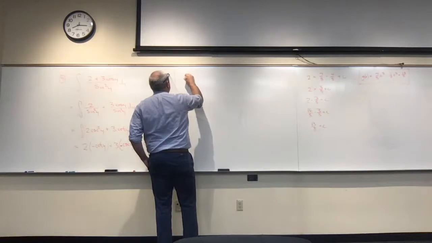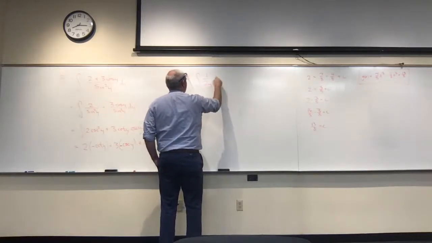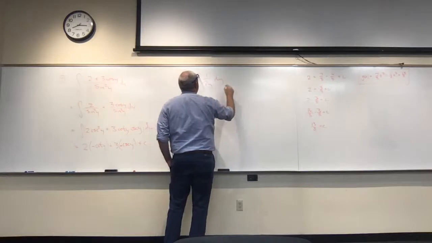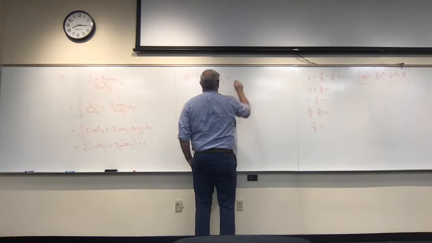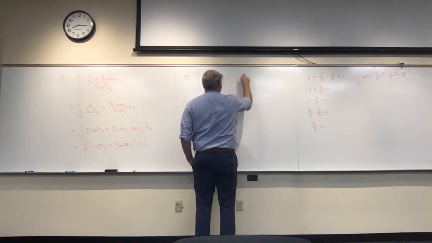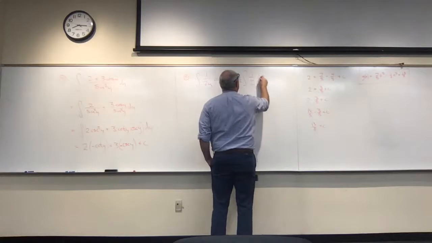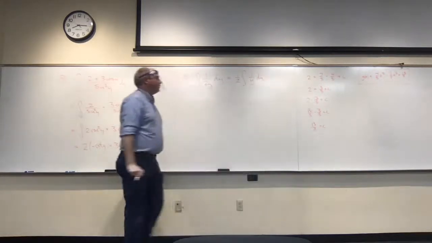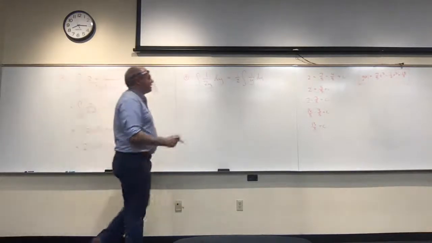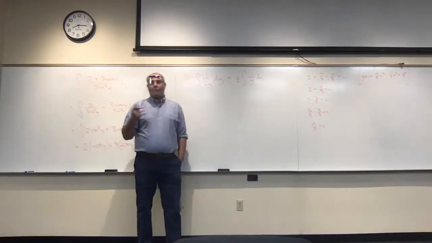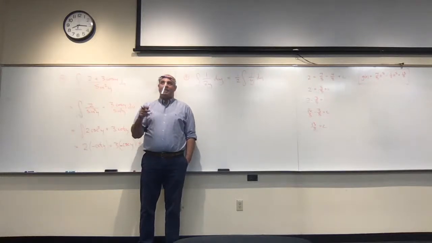One thing we could do right off the bat, if we wanted to, is move the 1/2 outside. So we just get 1/2 integral of 1 over y dy. So the question is, what's the antiderivative of 1 over y? Is there anything whose derivative is 1 over y?